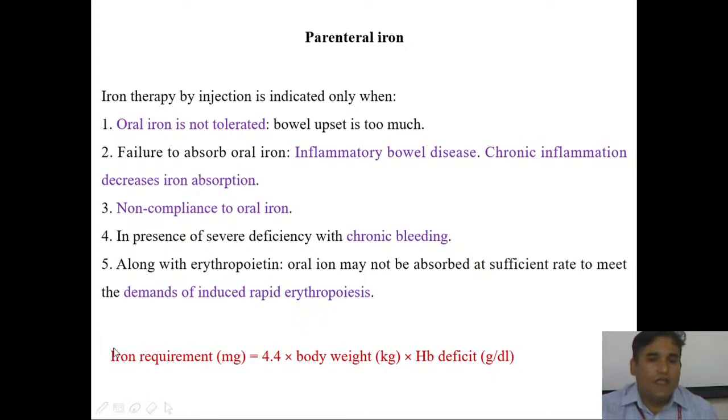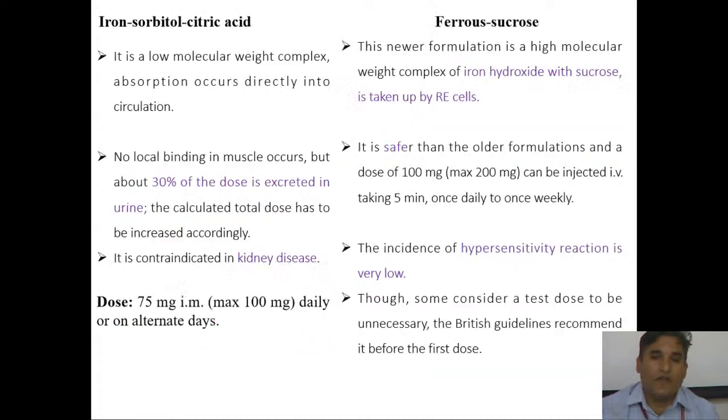You see in this table that the iron requirement is calculated by 4.4 multiplied by body weight multiplied by the iron deficit. That is the common formula. Another iron preparation is iron sorbitol citric acid. It is a low molecular weight complex.